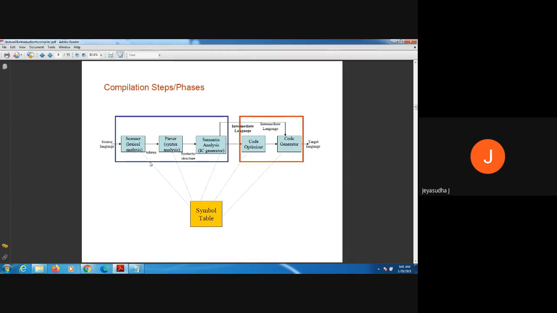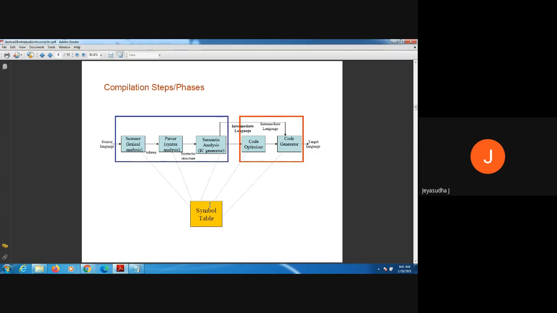But across all these phases there is a common connection, which is the symbol table. Why do we need a symbol table? For example, if I have something in my hand and want to make it into another form, I need a temporary bowl or something.